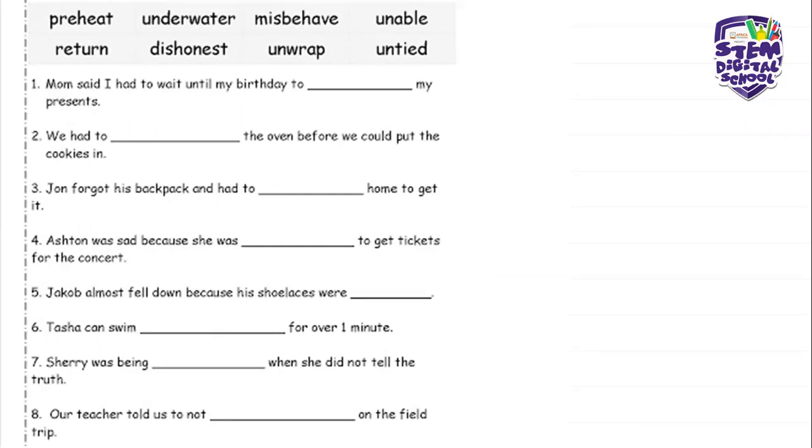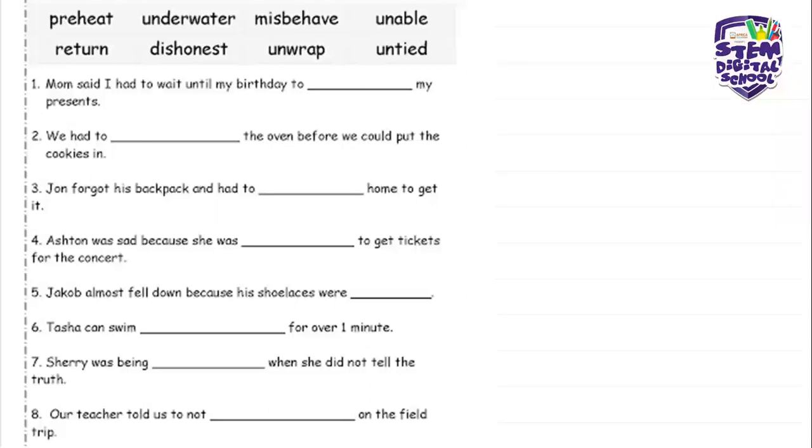Now the next one, we had to what the oven before we could put the cookies in. Preheat the oven. Yes. John forgot his backpack and had to what to get it. Return home to get it. Yes.